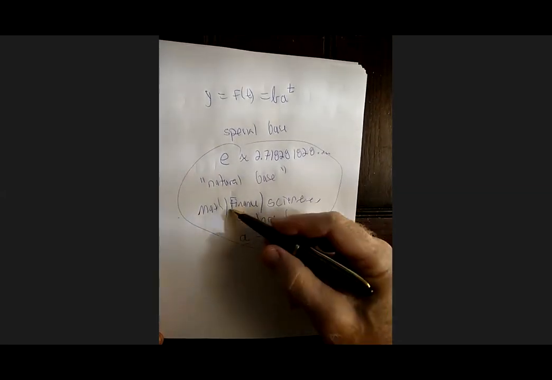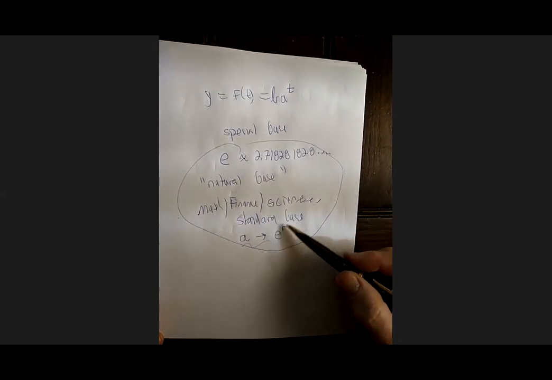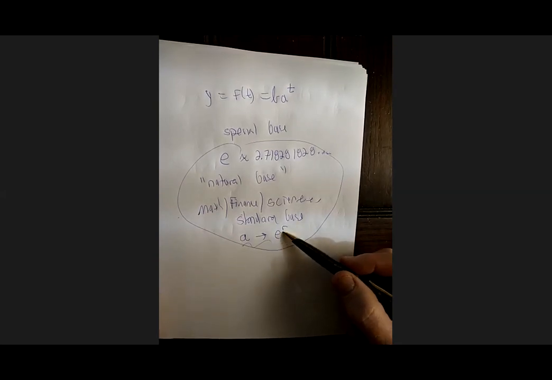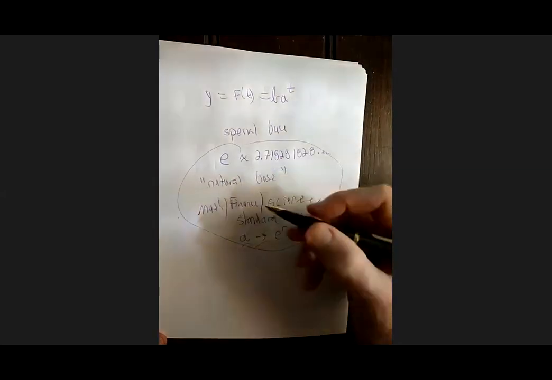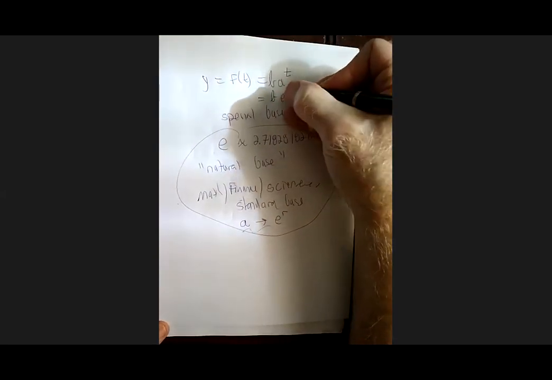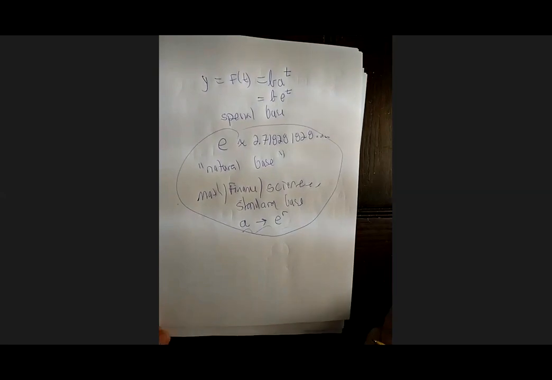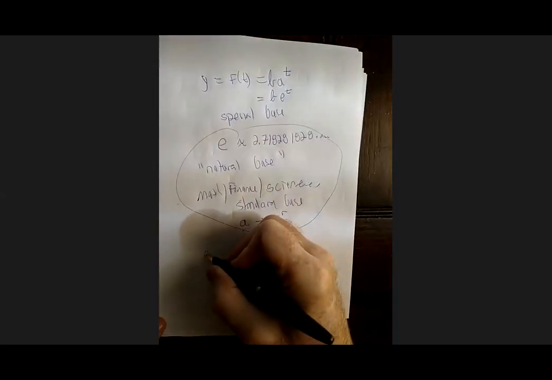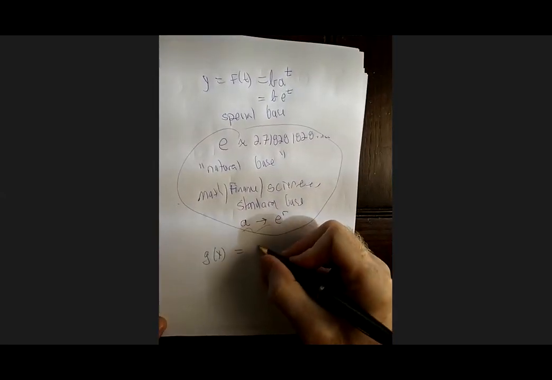So what you'll see in these classes is that whenever there's something exponential, they use e. And you'll also see a variant of this that looks like this. And then sometimes you will also see a coefficient in here.